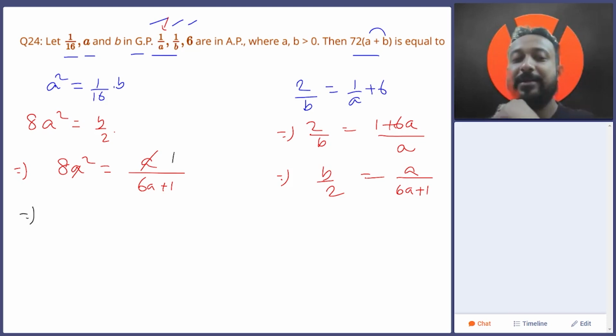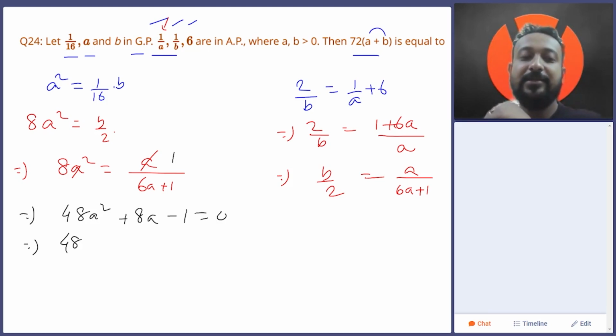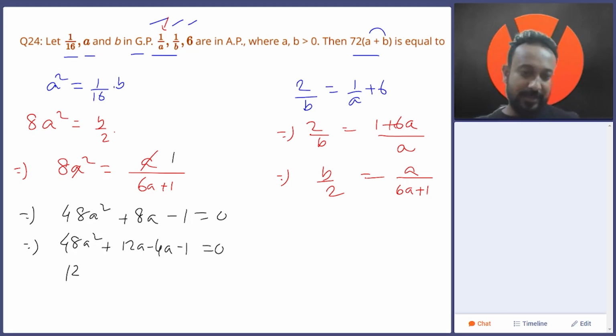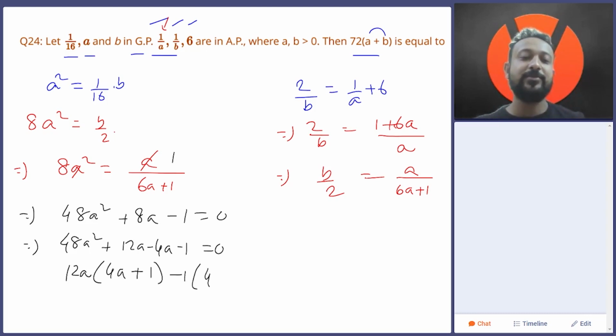8A into 16A, if I multiply, will be 128A square plus 8A minus 1 equal to 0. So I think very clearly you can see 128A square, that will be 16A minus 8A minus 1 equal to 0. So 8A if I take common, that is (16A plus 1) minus 1, that is (16A plus 1).